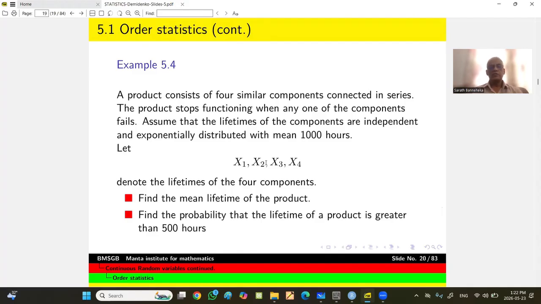Each component has a lifetime which is exponentially distributed with mean 1000 hours. That means the rate parameter lambda is 1 over 1000. So they are IID, independent and identically distributed, x1, x2, x3, x4. In terms of x1, x2, x3, x4, what will be the lifetime of the product?